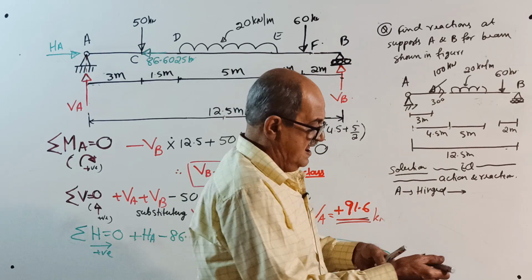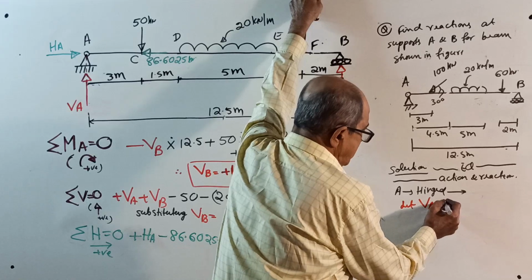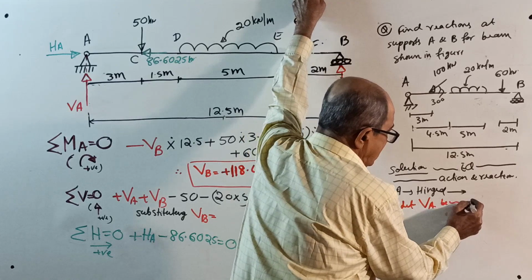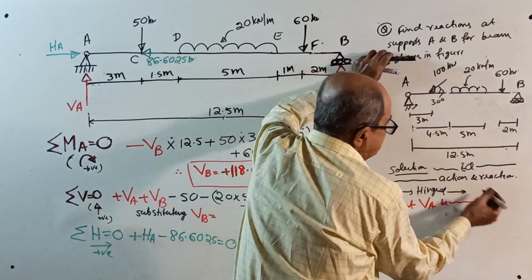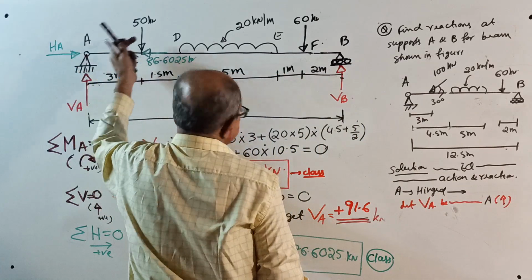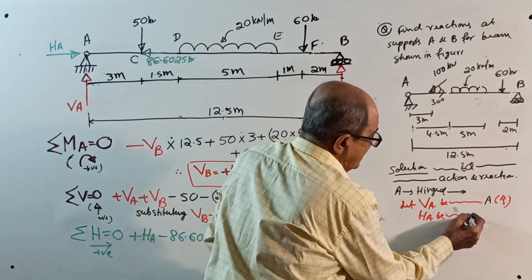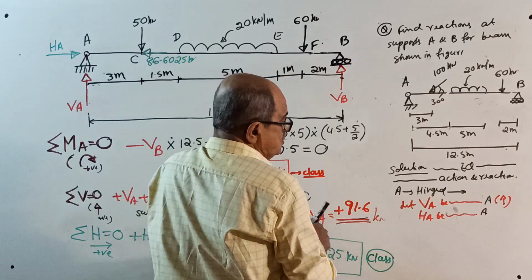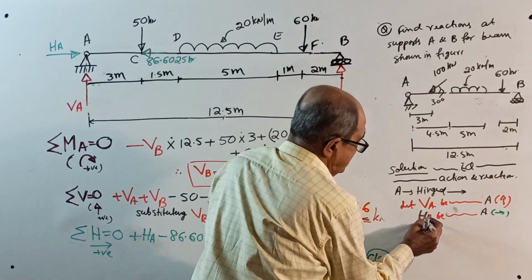So, let VA be vertical reaction at A. We will assume the reaction to be vertically upwards. Let HA be horizontal reaction at A. We will assume the horizontal reaction to right side, HA.